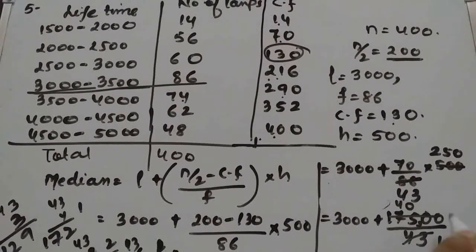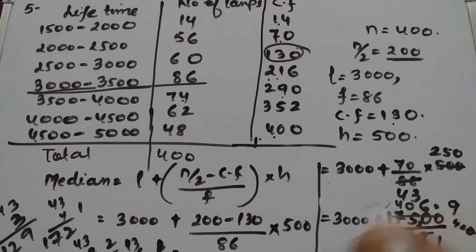So 43 6s are 258. So now 42 will remain here. Okay, 42, so we should put 0 and decimal here. So 420 will go with 9s are we can see.